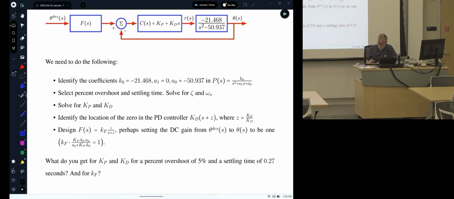And then if you get all that done and you have time, you can adjust the gain here such that the gain from theta desired to theta is 1. So you command a lean angle and you get it, okay? So it's break time.